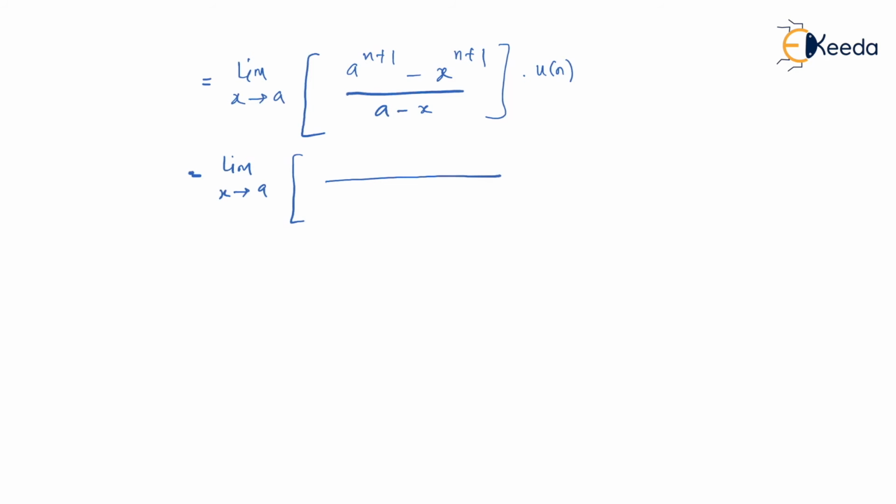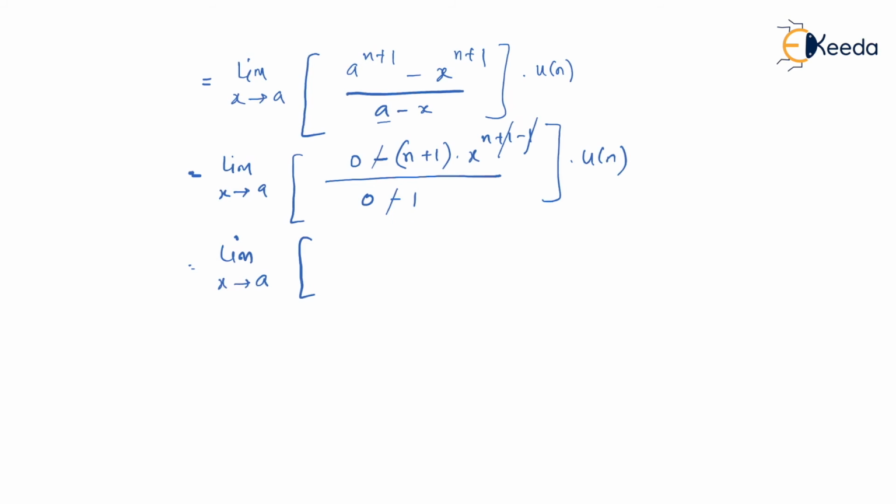Our very first term, a to the power n plus 1, is independent of x, so its differentiation becomes 0, minus n plus 1 into x raised to n plus 1 minus 1. In the denominator, the derivative of a is 0 and the derivative of minus x is minus 1, dot u of n. In the power of x, the n plus 1 and 1 get cancelled. Finally, limit x tends to a, and here the two negatives cancel each other. What remains is n plus 1 dot x to the power n dot u of n.